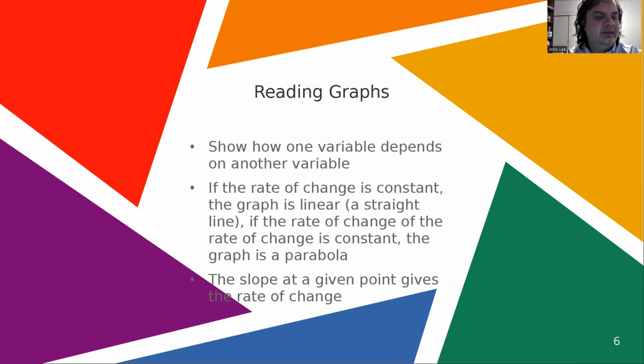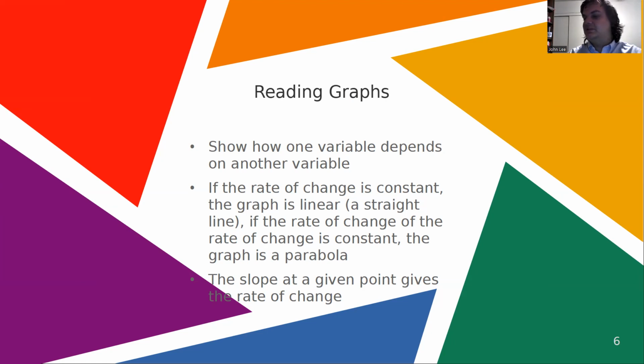So what we're going to see is how position depends on time or velocity depends on time when you have constant velocity or constant acceleration. If the rate of change is constant, then the graph is going to be linear because the rate of change is equal to the slope at a given point.